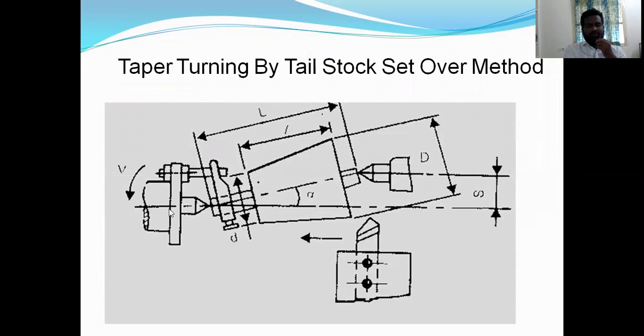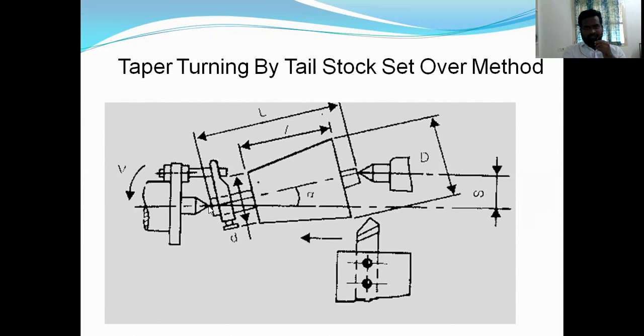So this is the diagram showing the tailstock set over method. Here, this is the chuck, and the tailstock. In between, we are fixing our workpiece. This is our cutting tool.